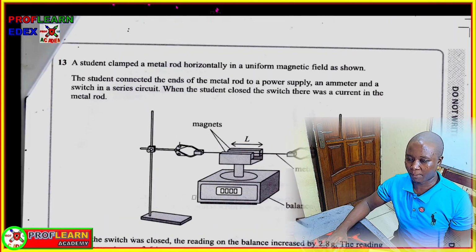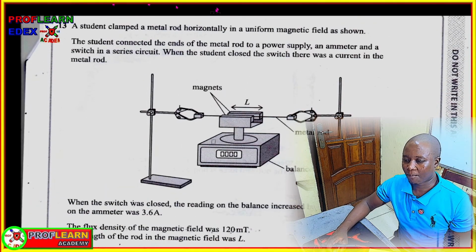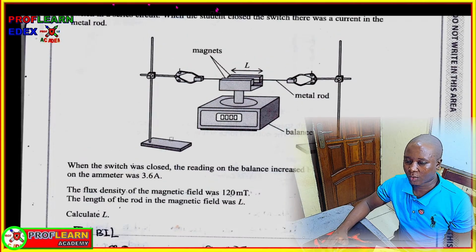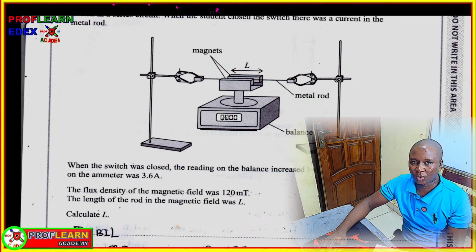And we have question number 13. And this is a force on a current carrying conductor that is placed within the magnetic field. We are told that when the switch is closed, the reading of the balance is 2.8 grams. So meaning that when current is flowing, the reading is going to increase.